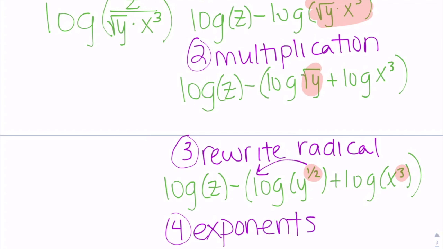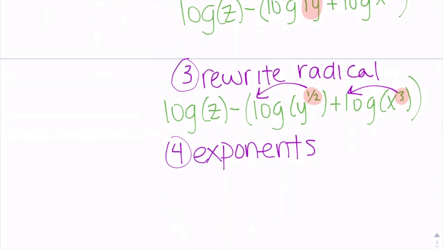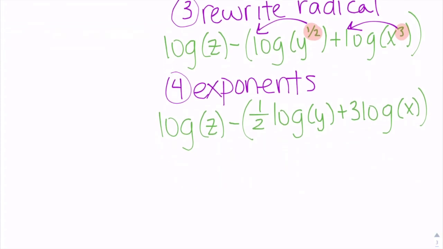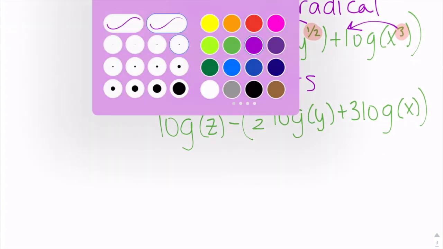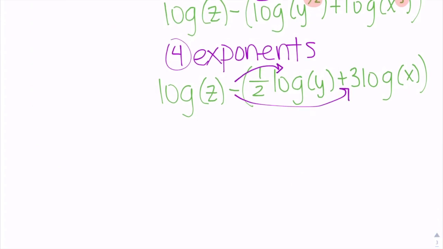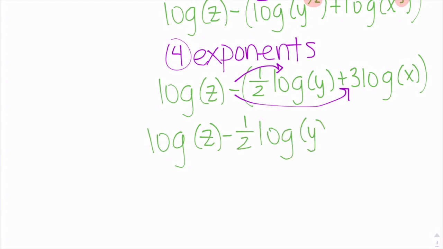And we're going to move those exponents to the front of our logarithms. And so that's going to give us log of z minus the quantity 1/2 log of y plus 3 log of x. And then you can stop there and have that be your final answer. Or you could use distributive property with this minus sign in front and multiply it by each term inside of the parentheses. And your final answer could also be log of z minus 1/2 log of y minus 3 log of x.